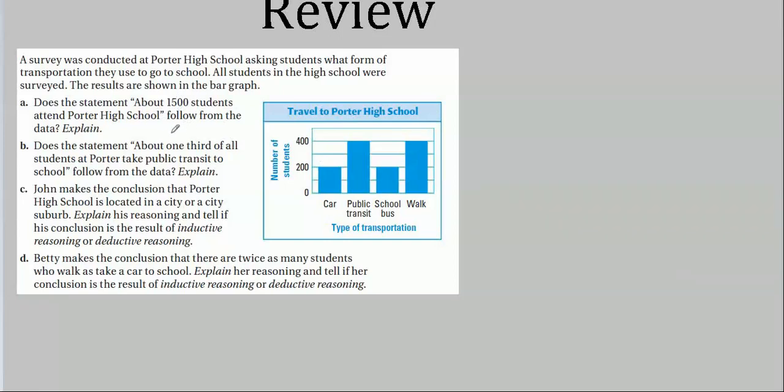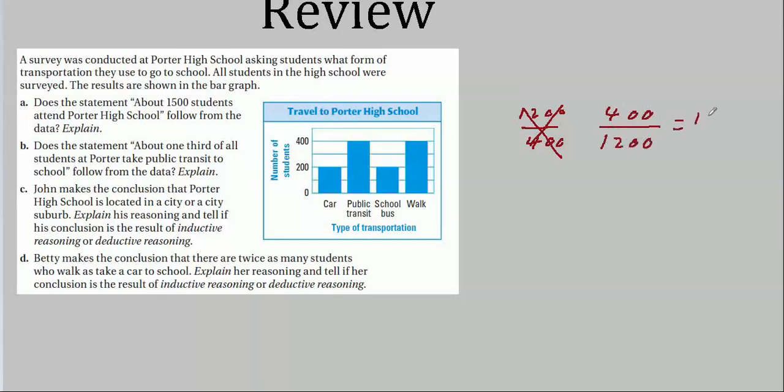About 1/3 of all students at Porter take public transit. Aha. Well, 1,200 responded. 400 take public transit. Well, maybe we should do it the other way and see what fraction of students took the bus.